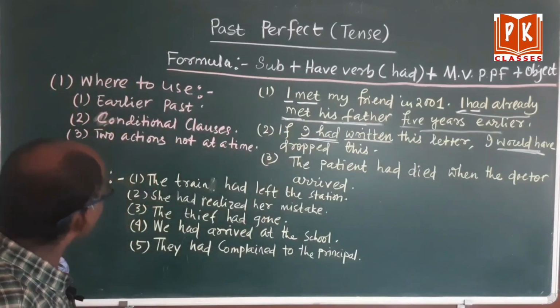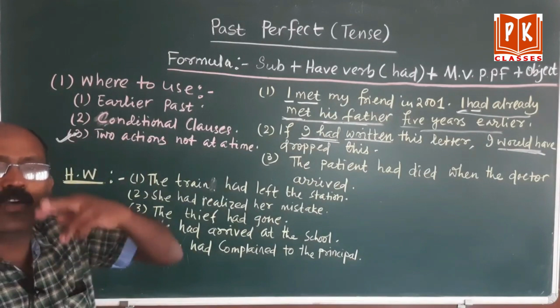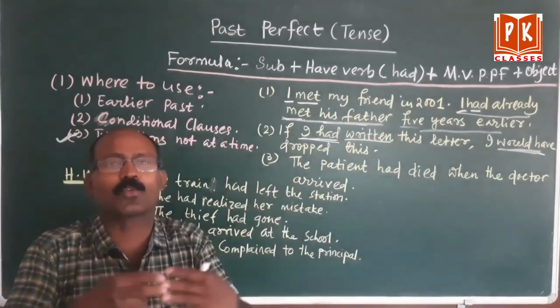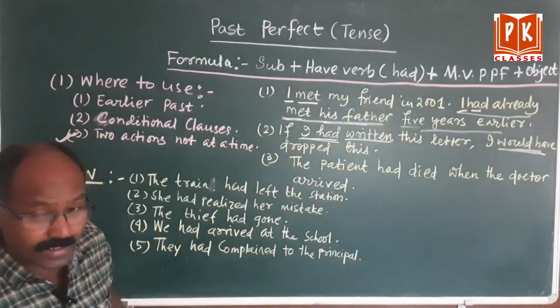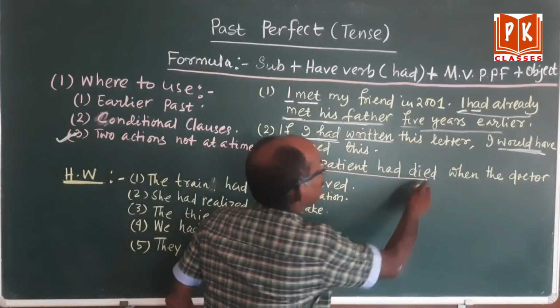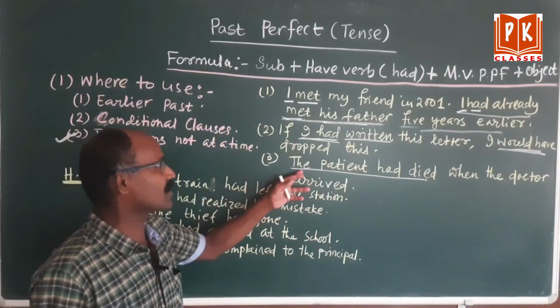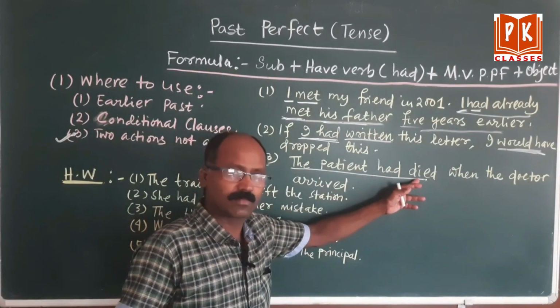Okay, then two actions not at a time. Suppose two actions are happening in the past. What will it be? Please remember: the patient had died. The patient, subject, had, have verb, then died, third form.